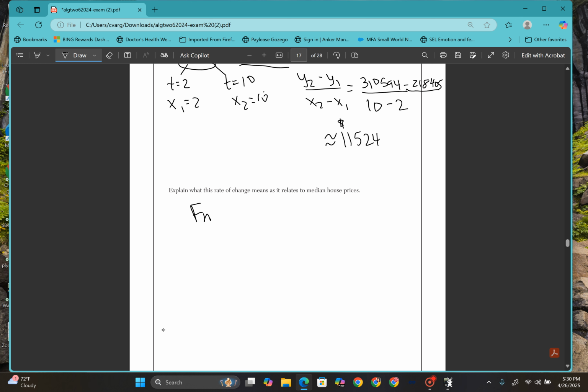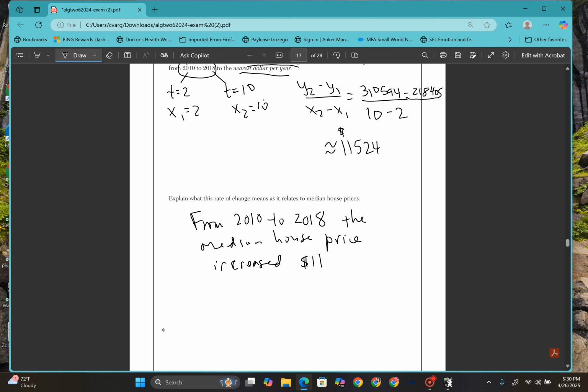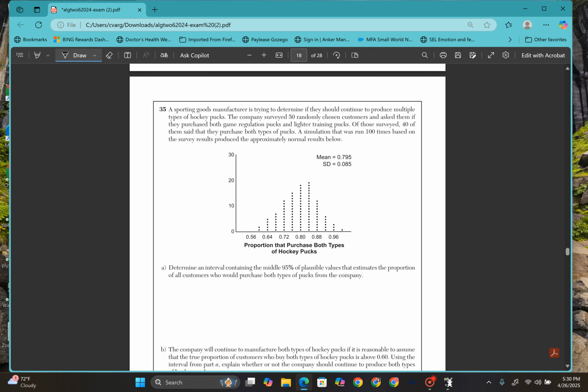So we could say from, and our years were 2010 to 2018, the median house price increased, forgive my handwriting, $11,524 per year on average, or an average of $11,524 per year. Okay, so that's our explanation. All right, we're getting there.